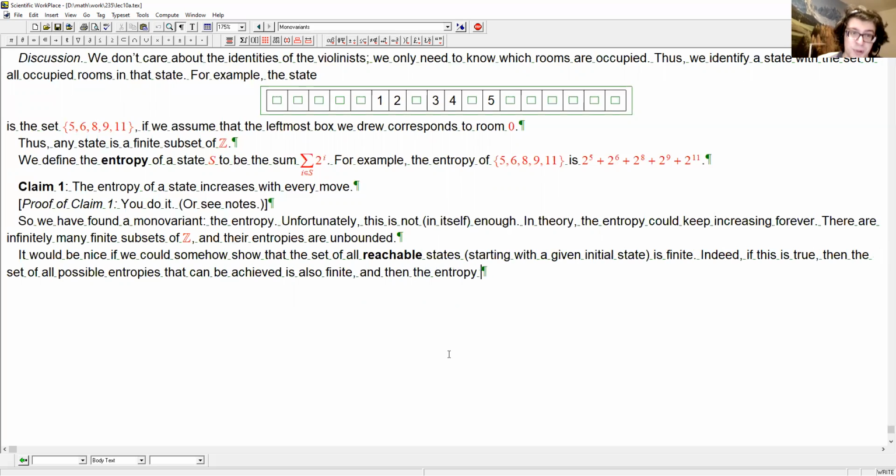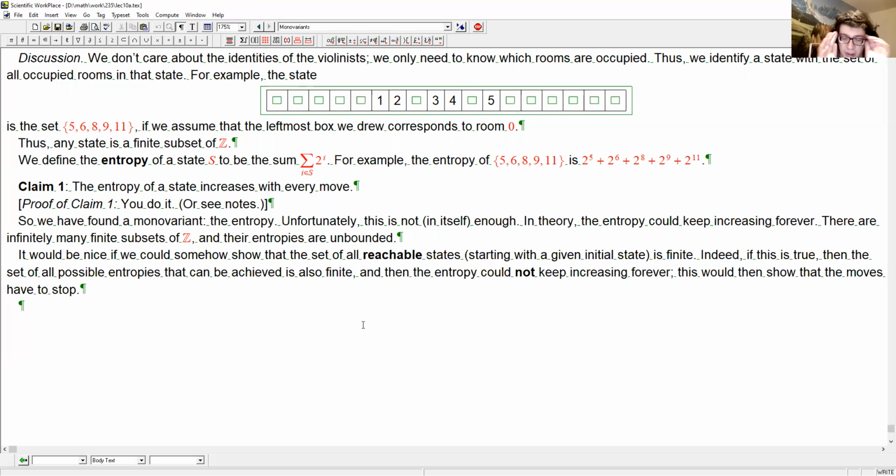And then the entropy could not keep increasing forever. This would then show that the moves have to stop. So if we have proved this finiteness, then the problem will be solved. And this is what we're gonna do.